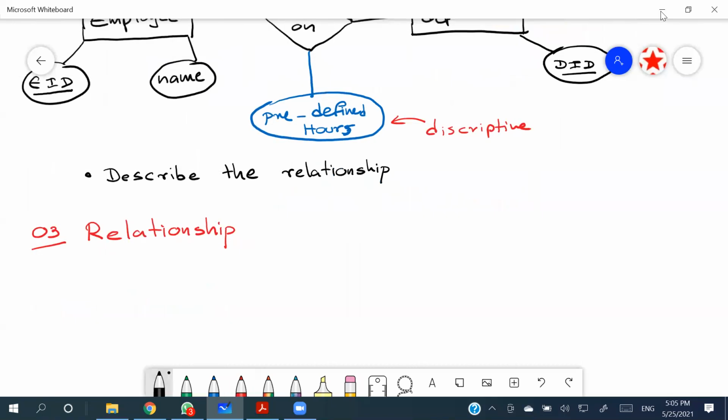Inside this there will be a verb, according to the scenario that is given to you. From the scenario you can grab the verbs. The verbs can be is teaching, is handling, or handles. You can write it in both ways, active or passive.